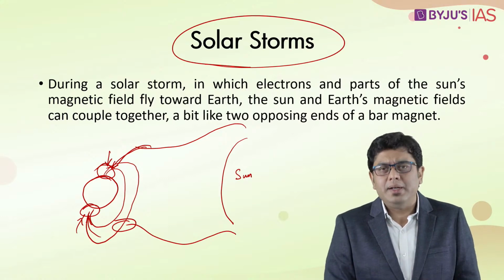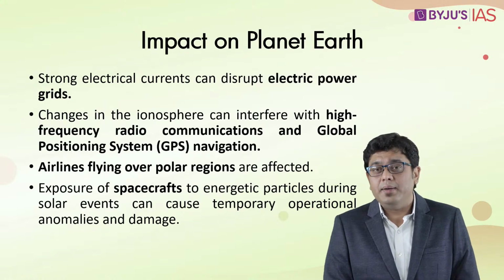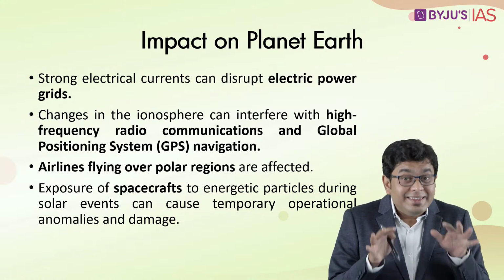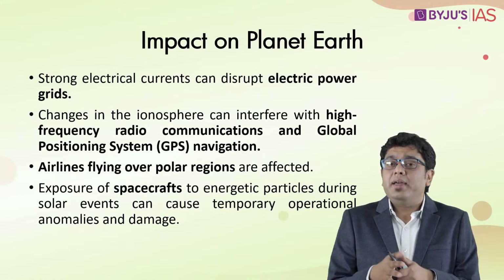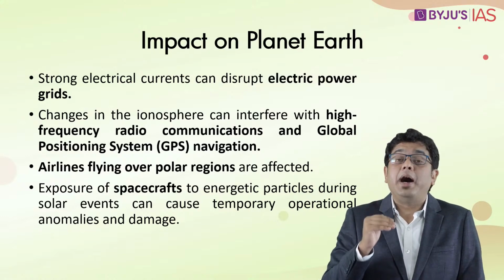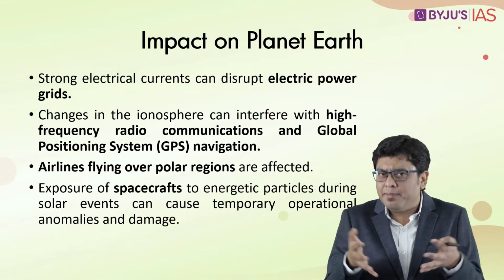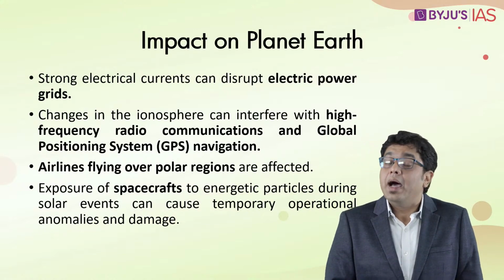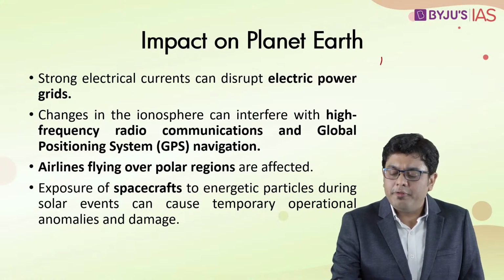But more importantly, day-to-day life is impacted in a significant manner, as all the communication measures that we have are impacted. Now, I hope we are aware that in the very structure of the atmosphere itself, from the upper portion of the mesosphere up to around 400 kilometers, we have the presence of the ionosphere.